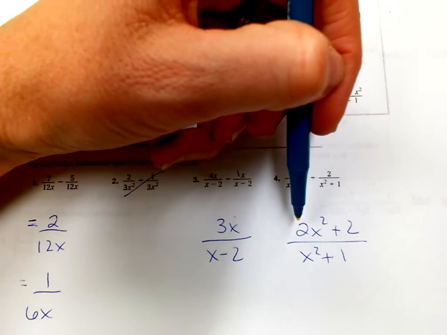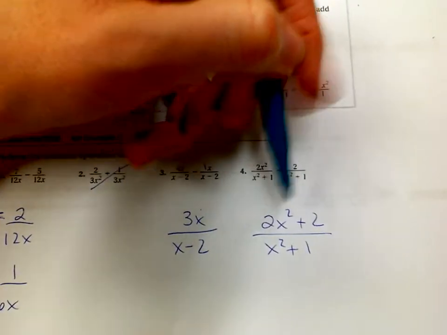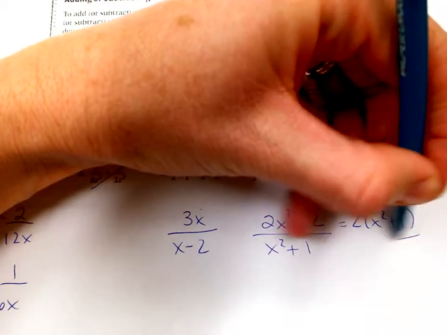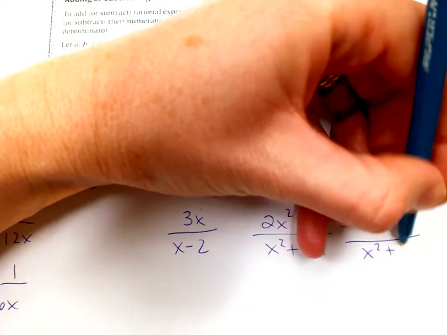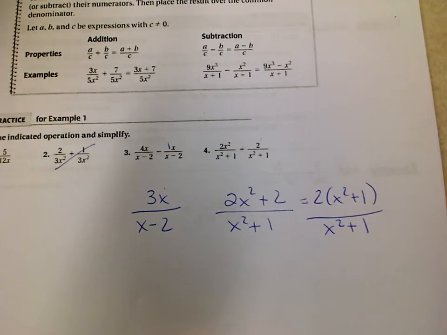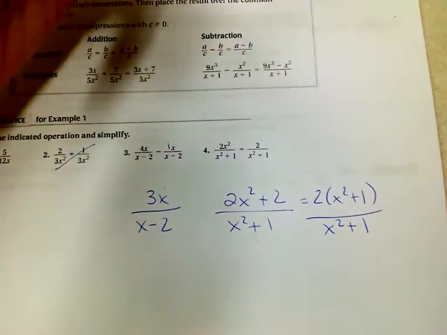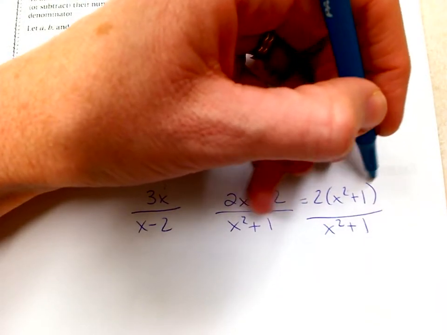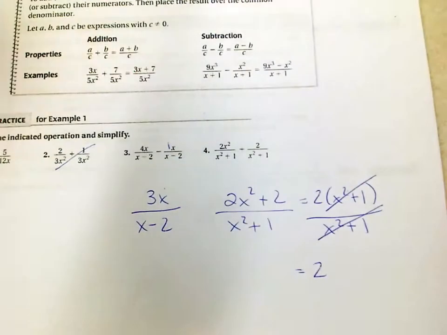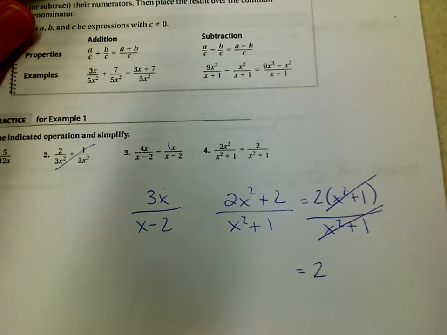Now, if you look at that numerator, there is a GCF that we can divide out, and that is 2. And when I do that, I end up with x squared plus 1. Well, if you look at the problem now, similar to what we've been doing the last few days, we now have a common factor in both the numerator and denominator that can cross out, and so the answer is just going to be 2.